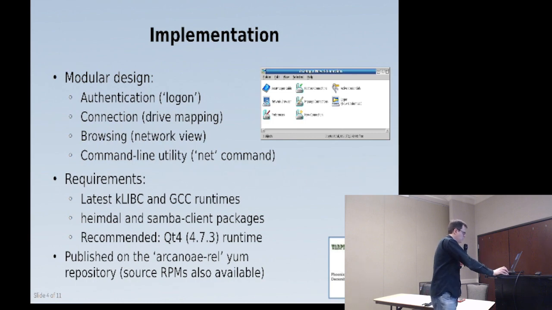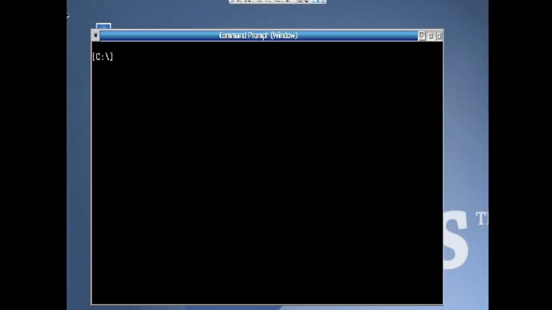So what I wanted to do was actually demonstrate connecting and browsing LAN shares. Unfortunately, due to the funky way this network environment is set up, I can't actually talk to my home LAN servers from within my VM.